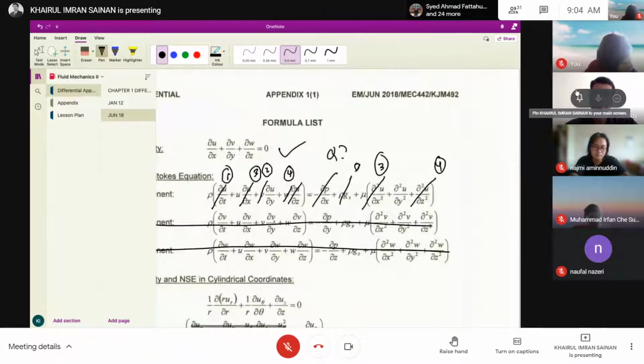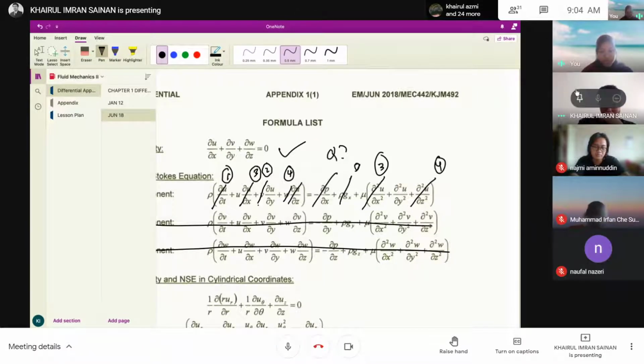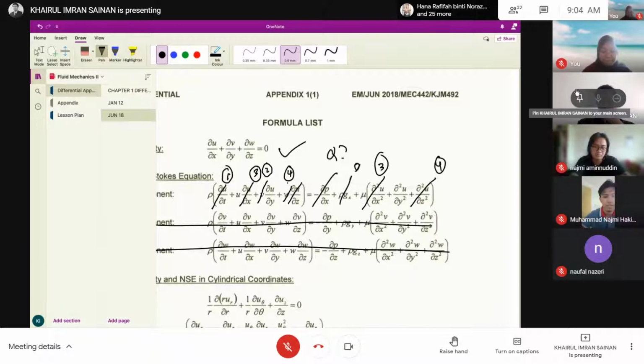Next is v. Why do I cancel out v? Number 2, right? There's no flow in y direction. Next is w. Why do I cancel out w? No flow in z direction.